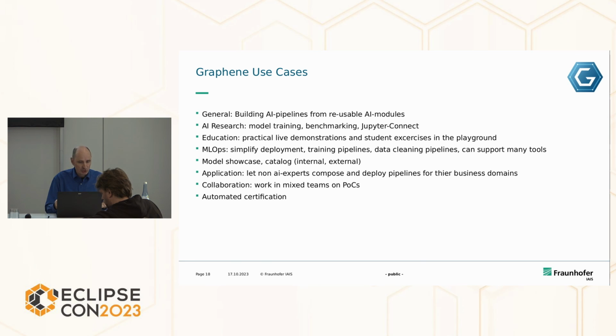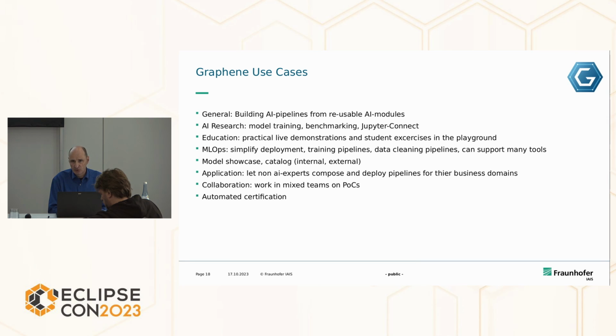Then there are application use cases where non-AI experts can compose pipelines and deploy pipelines for their business domains. And we support mixed teams, where teams can work together on a pipeline and deploy it for developing a proof of concept. And it can be used for automated certification.